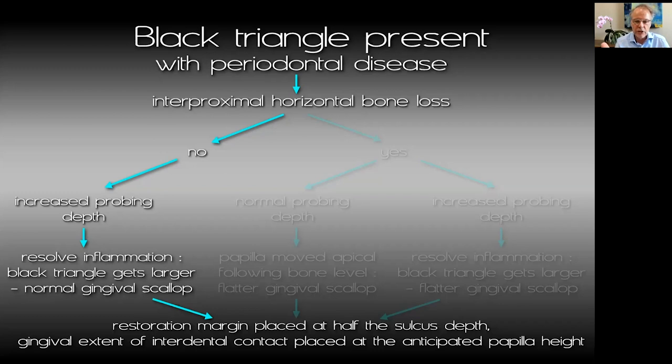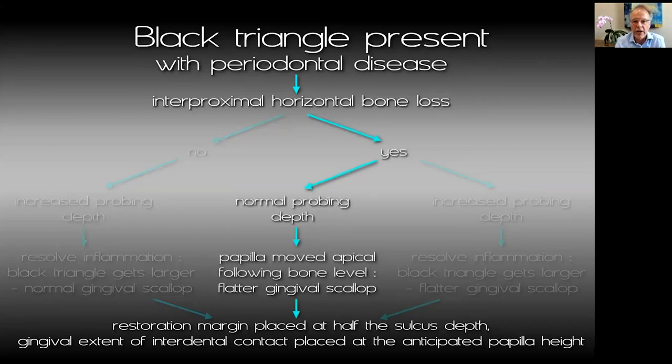There may be inflammation of the tissue, so I have increased probing depth and have to resolve that inflammation. If a black triangle was present, it may become larger, but I still have a normal gingival scallop. Then the restoration margin would be placed half the depth of the sulcus. The gingival extent of the interdental contact is going to be at the anticipated height of the papilla. We'll be talking about how the papillas will be moving shortly.